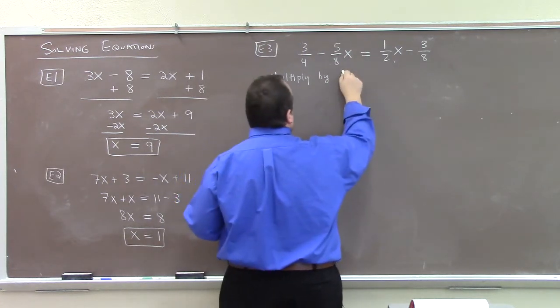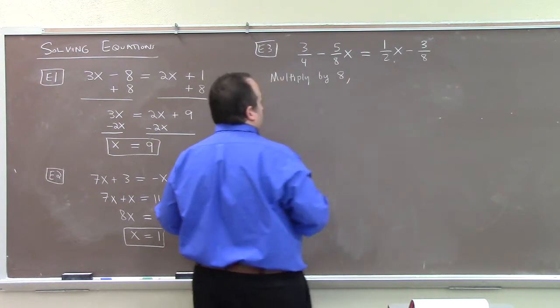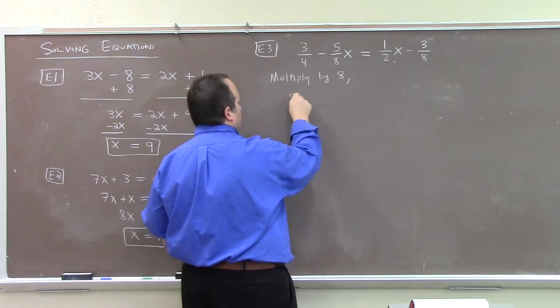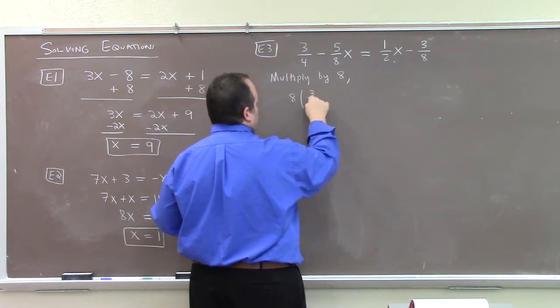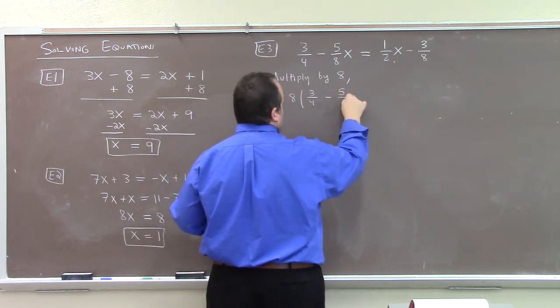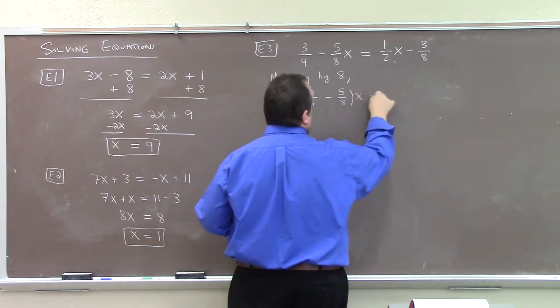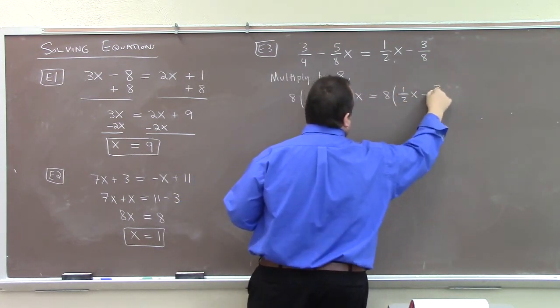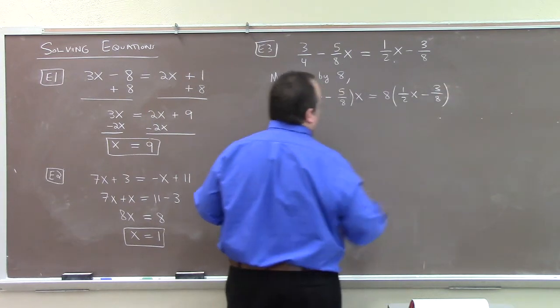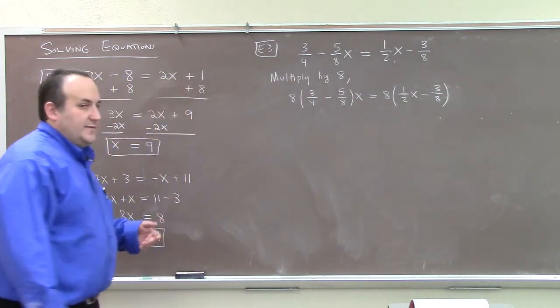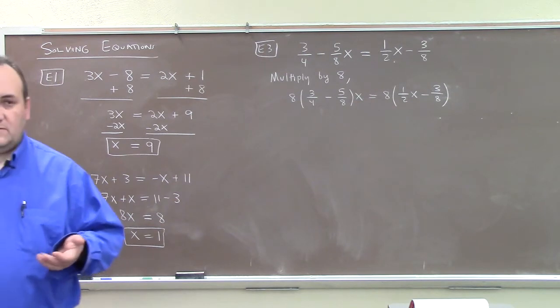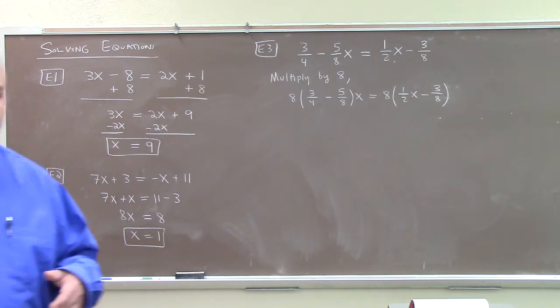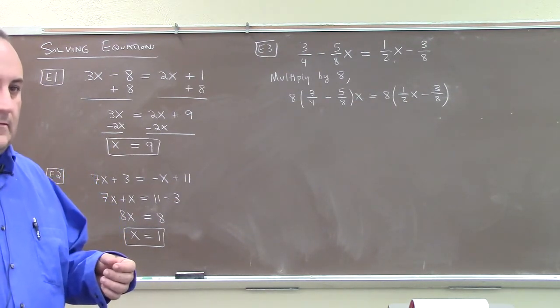So we have 8 times (3/4 minus 5/8)x is equal to 8 times (1/2 x minus 3/8). Multiplying an equation by a non-zero number is something we can do that does not change the solution set, right?